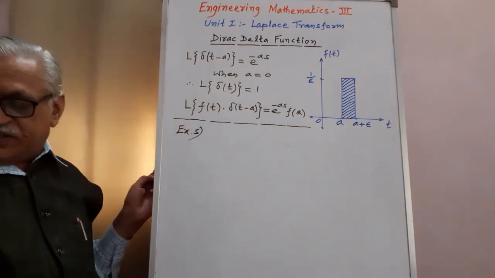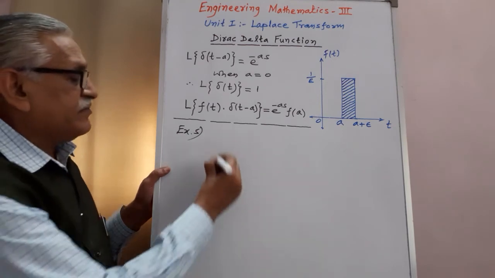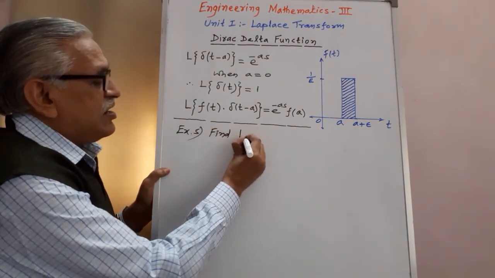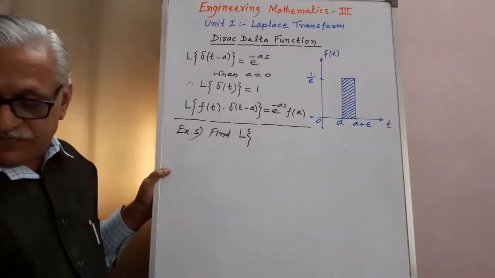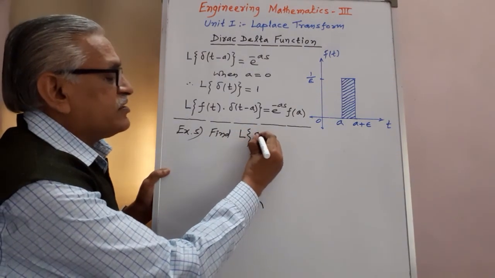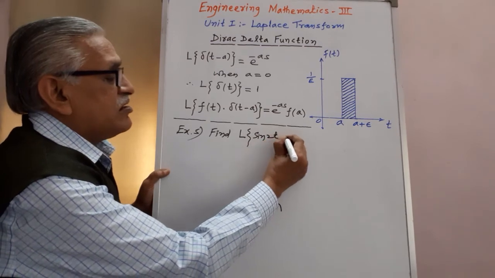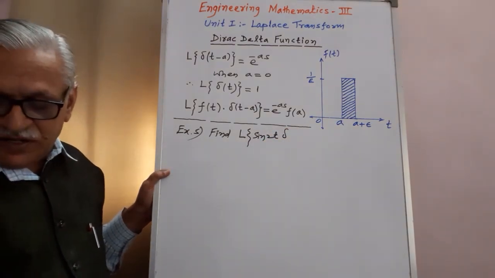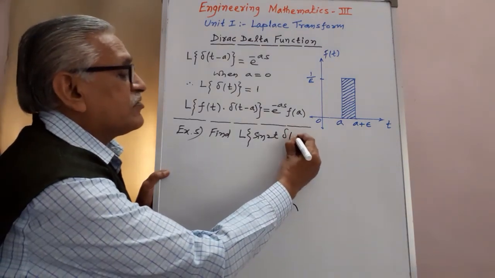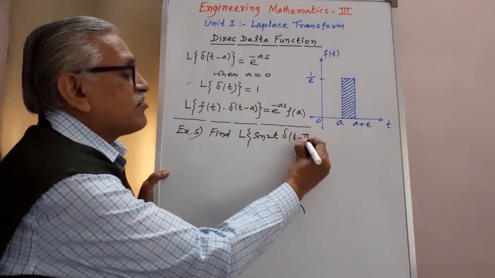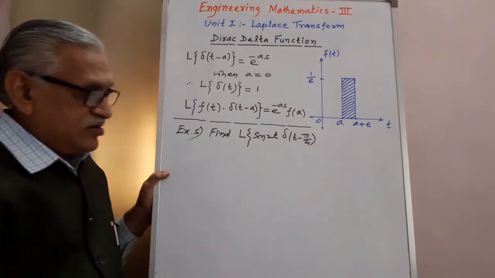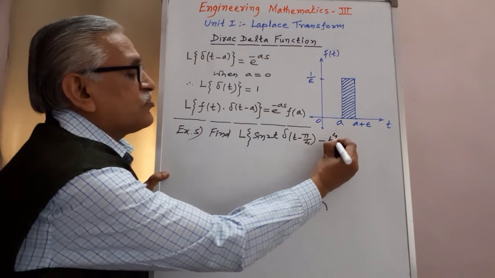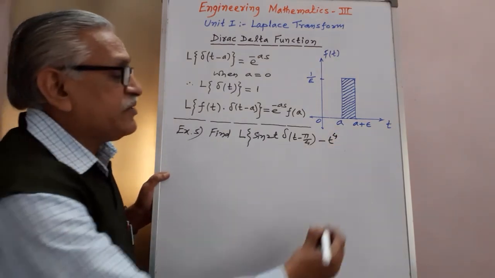Next example, last example, find the Laplace transform of sin 2t multiplied by the Dirac-Delta function delta of t minus pi by 4, minus t raised to 4 delta of t minus 4.